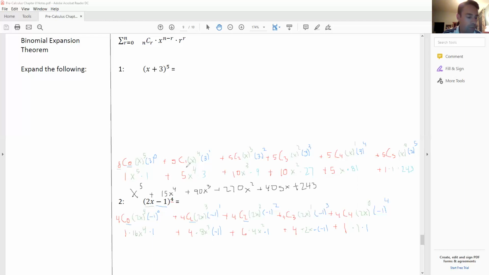And when we just clean it all up, 16x to the 4th minus 32x cubed plus 24x squared, plus, I lied, minus 8x plus 1.